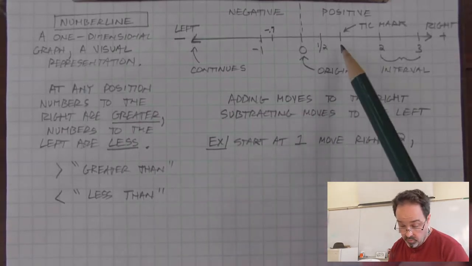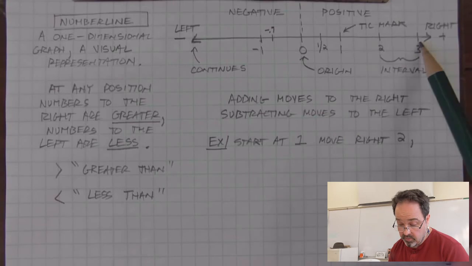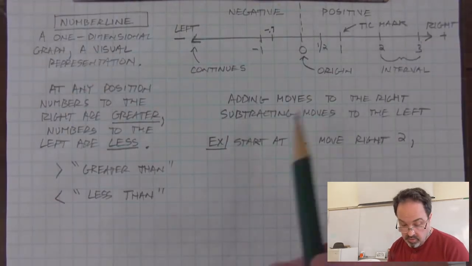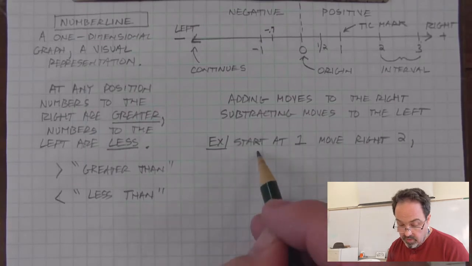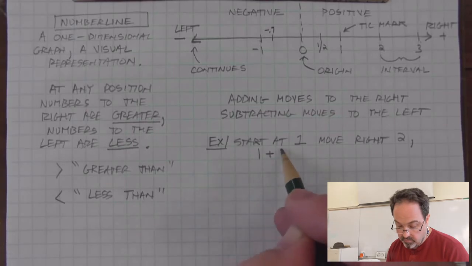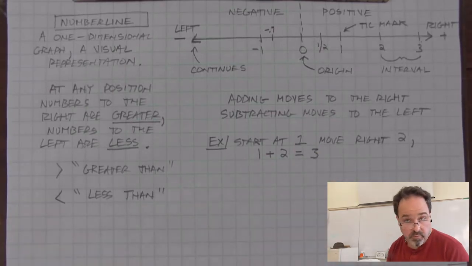If we start at 1 and we move to the right by 2, we can use the number line to track where we will be. I can think of this language as describing the problem starting at 1 and moving to the right as addition by 2. And where we will be is equal to 3, or at the location 3.